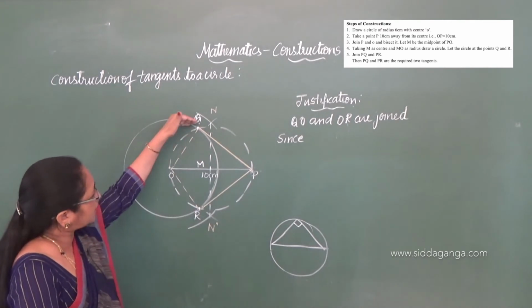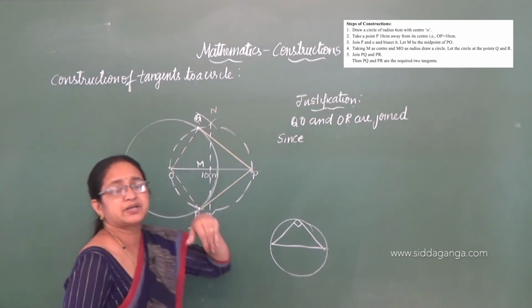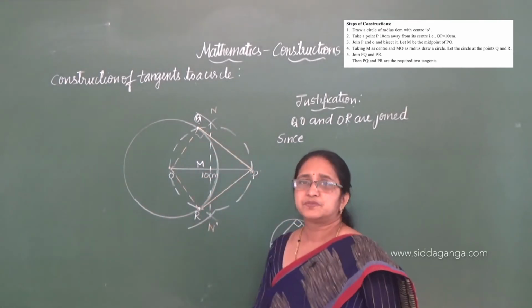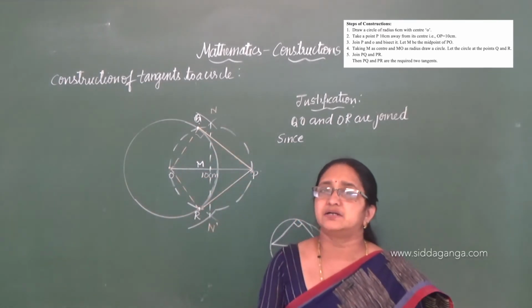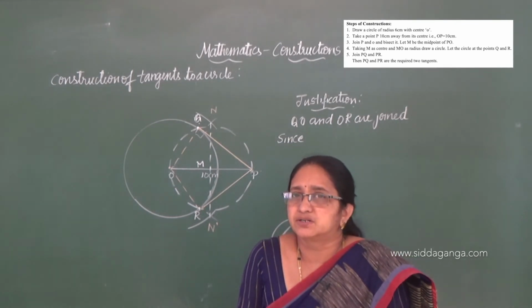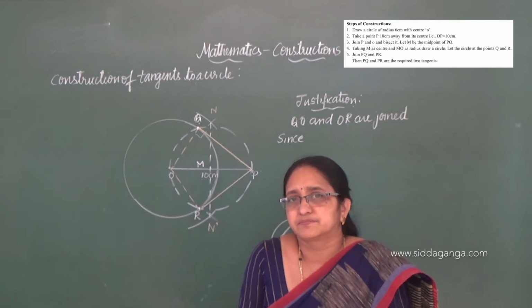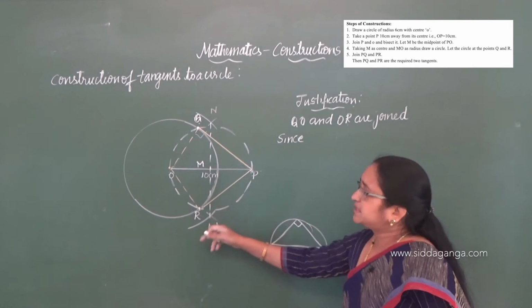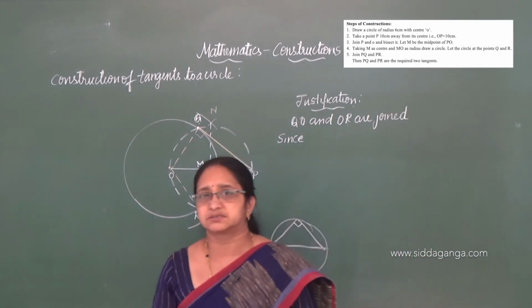Therefore, QO and PQ are perpendicular to each other because it is 90 degree. I have proved that it is 90 degree. So, therefore, the radius and the tangents are always perpendicular to each other, 90 degree. Yes. So, hence we can say that PQ and PR are the two tangents.